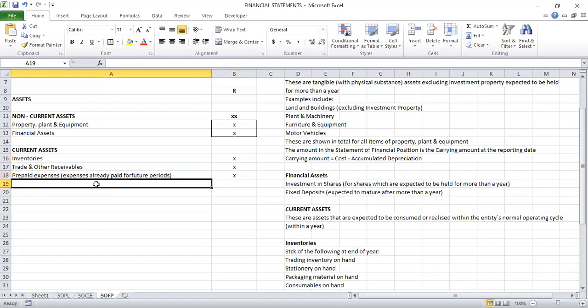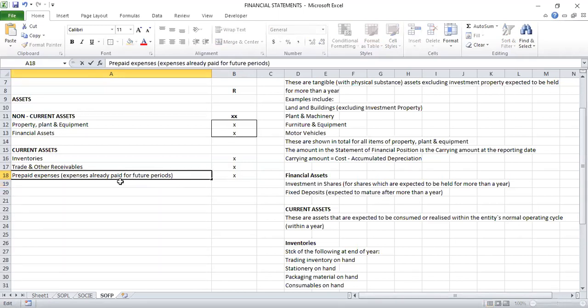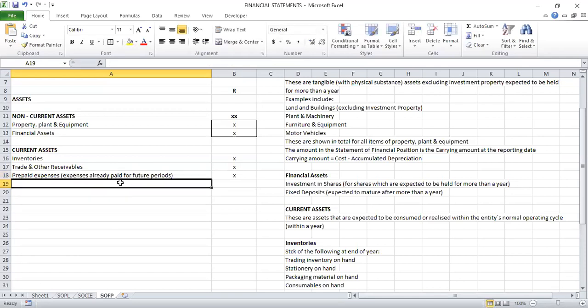Let's say, for example, you've got a lot of cash and you are not sure of what will happen in the future, then you just pay your rent for the next 24 months to your landlord. Right. So any expenses that we've paid in advance, they will also be an asset. Why? Because that amount still belongs to us until we've been provided with the service for which we paid.